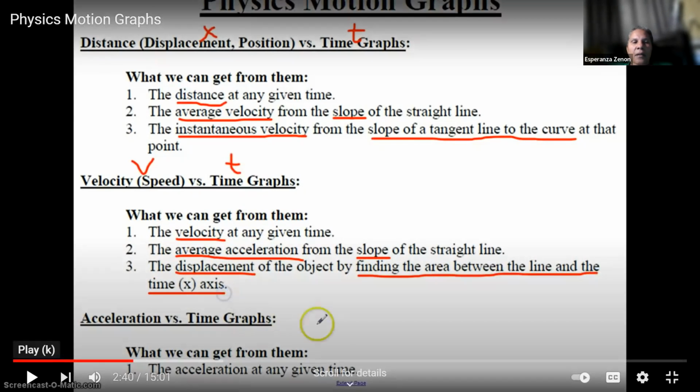Again, that third bullet under the velocity time graphs, we would not be doing. I would not ask you to find the displacement using a VT graph. If I wanted you to know the displacement in that type of scenario, I would have to give it to you.